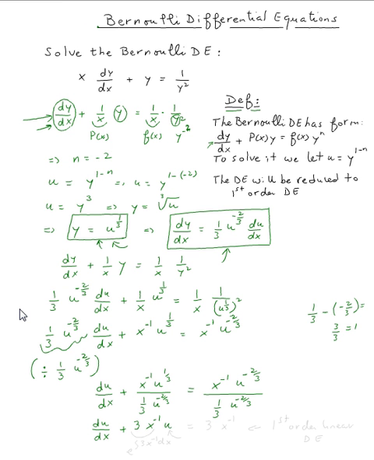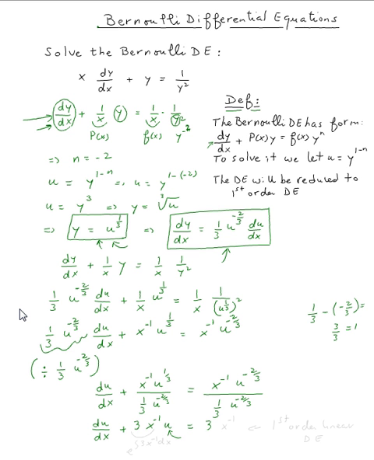So this is u. By the way, if you get anything other than u here, like u squared or u to any other exponent, you know you made a mistake, because by doing this method we're always going to get first order linear differential equations, which means the exponent of u will have to be 1.